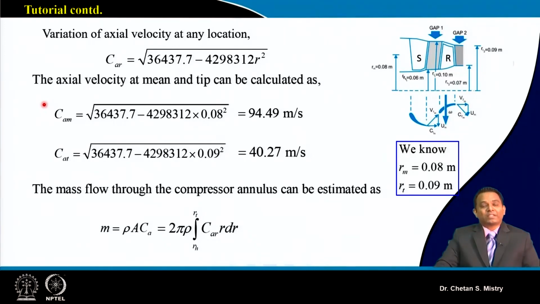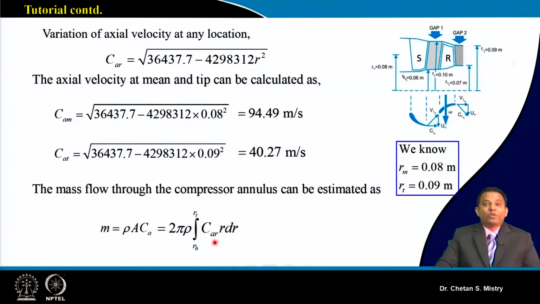Now here in this case, we have variation of our axial velocity. Okay. So what is the meaning of that? We need to put our axial velocity variation in terms of radial variation. So we can write density into area, with area as 2 pi r dr. Okay. That we are integrating from hub to tip.